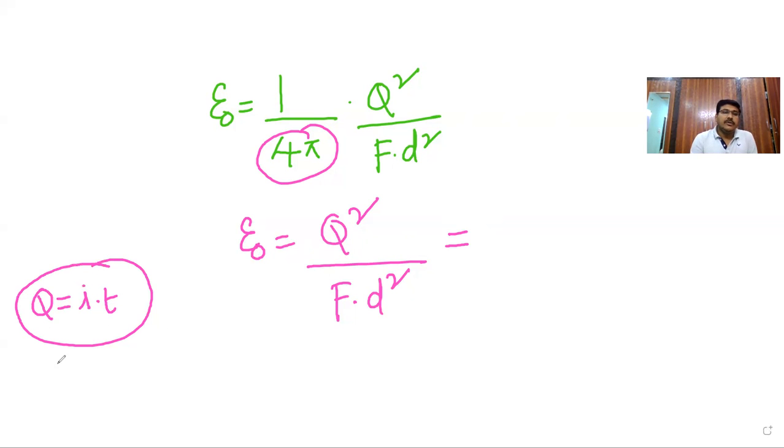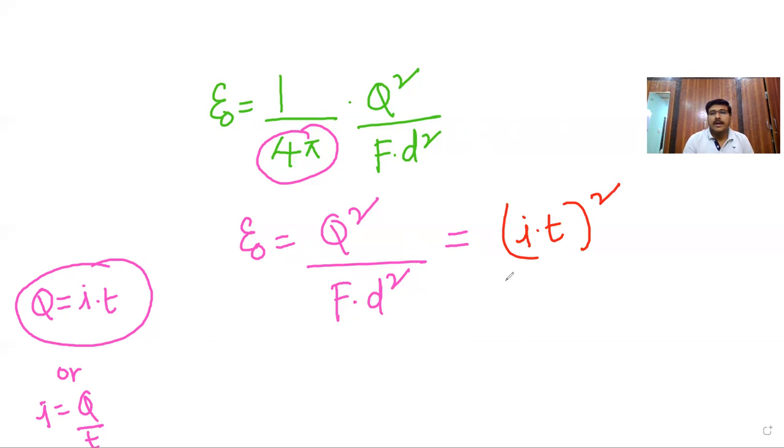Current is charge by time. To cross multiply, Q is equal to I into T. Since the dimension formula is asked in terms of current, I'm replacing Q with I into T. So here I replace, that is I into T whole square by F into D square.